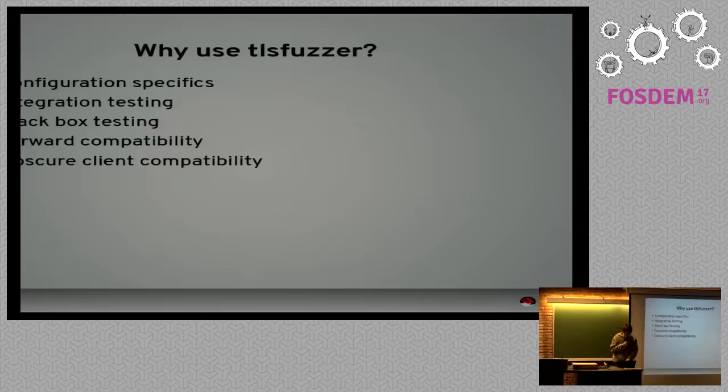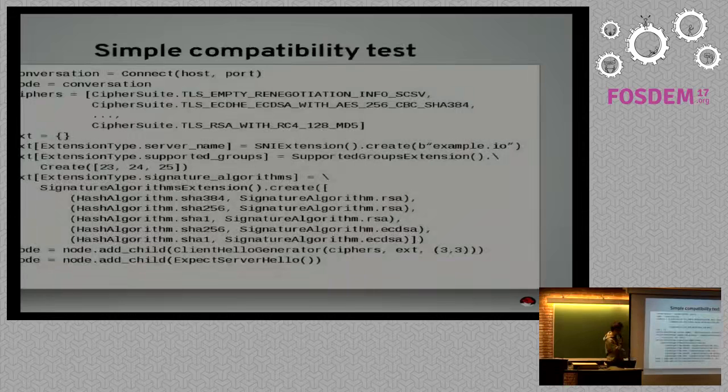So if we want to do that, we basically need to tell the fuzzer first where to connect, which host, which port, which kind of ciphers to advertise and in which order, what kind of extensions to send. So we can send the SNI, which is the virtual host support.